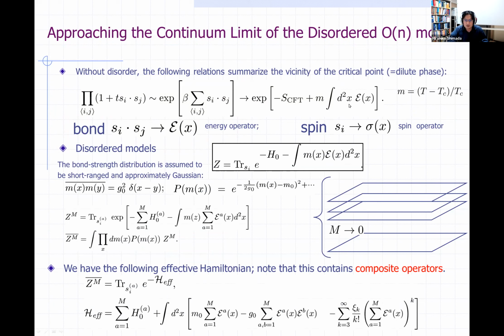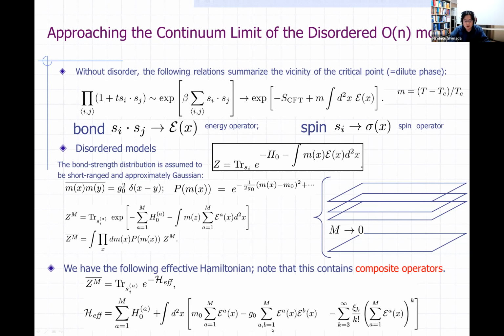Now, if we consider the disordered models, this mass depends on the position, and we take the disorder average using, let's say, a Gaussian distribution. Then the average of Z yields this effective action. So D_0 is the variance of this Gaussian, and we have the coupling here.